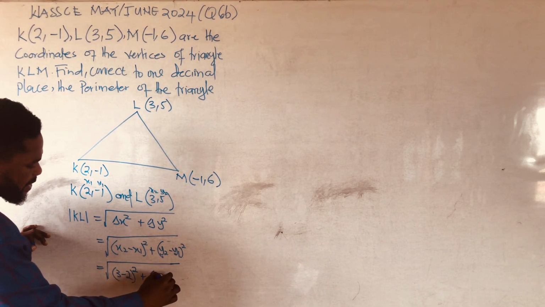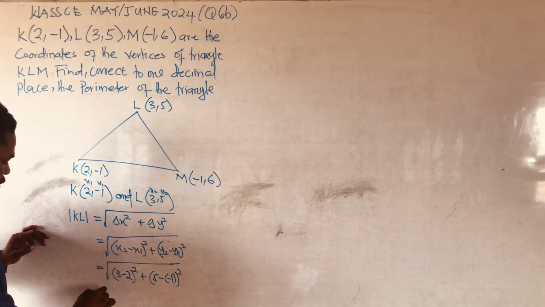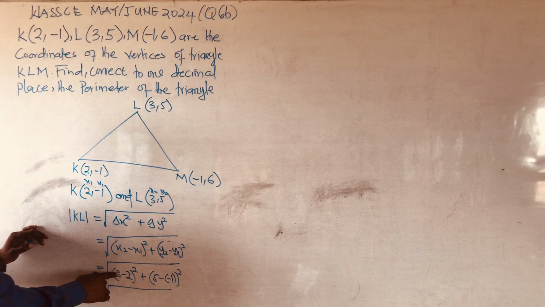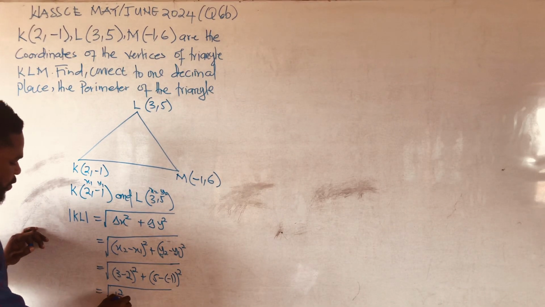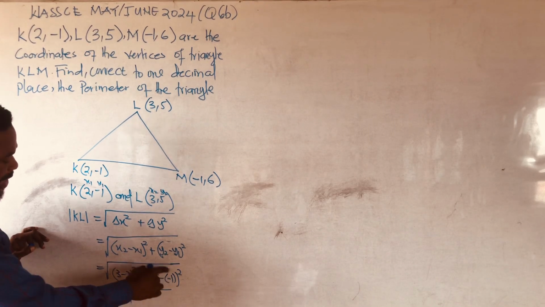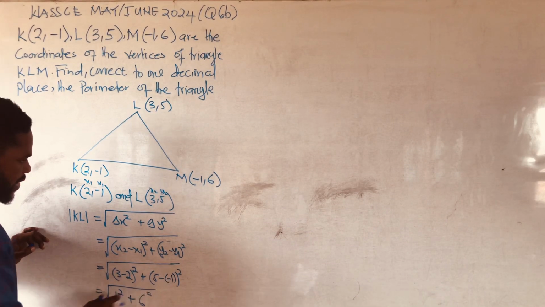So we say minus -1, all squared. Now we proceed to break this down. That is 3 minus 2, which gives us 1, so we say 1 squared. Again, 5 minus -1 gives us 6, so we say 6 squared.